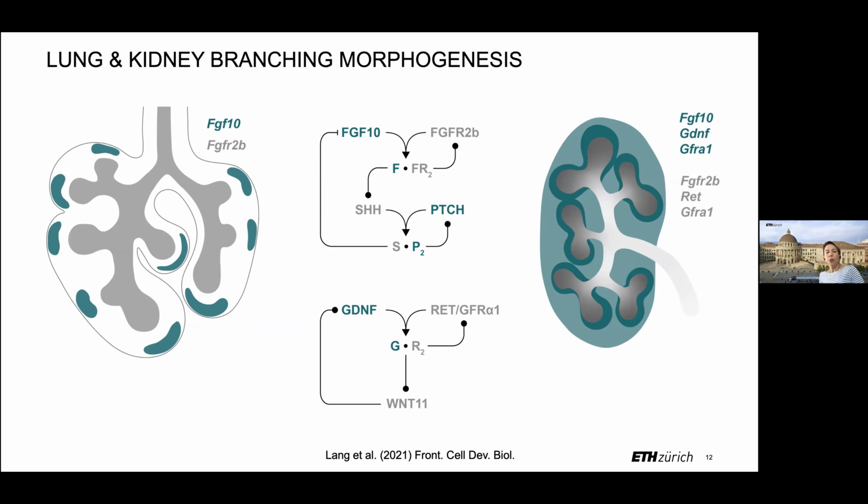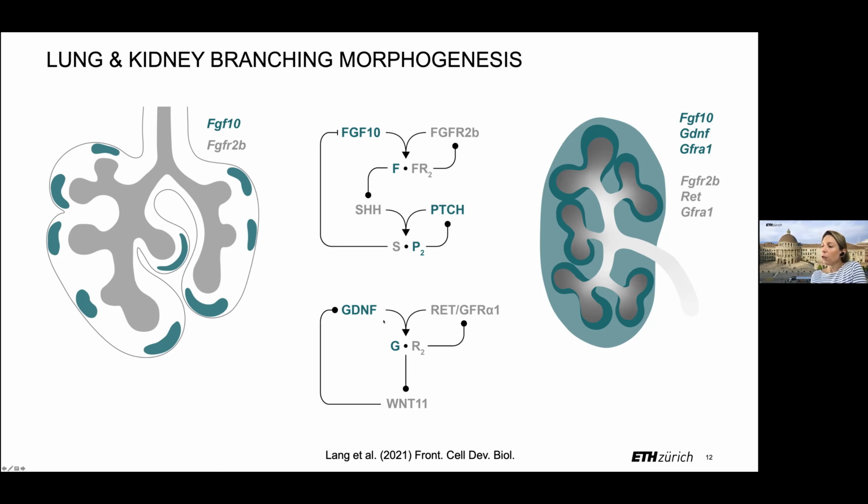So now what we realized when we looked at the dynamics of the regulatory logic of GDNF and FGF10, they have exactly the same architecture. So GDNF in the kidney is also expressed in the mesenchyme, the surrounding tissue, much as FGF10 is expressed in the mesenchyme, while the receptor RET is expressed in the epithelium, and binding of ligand and receptor results in the upregulation of the receptor.